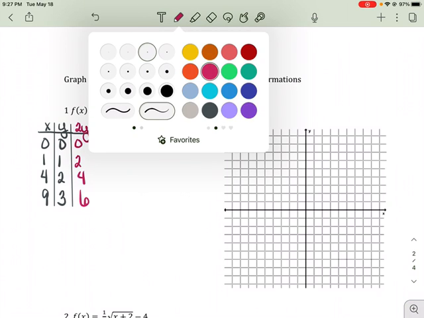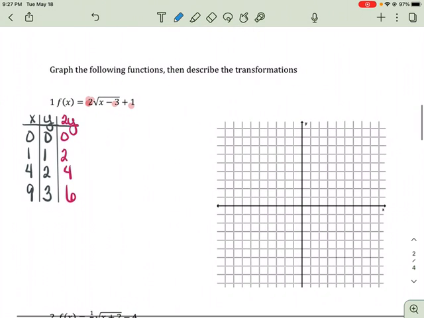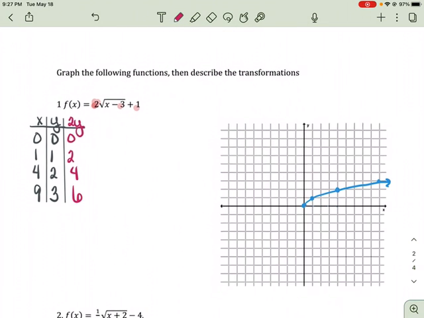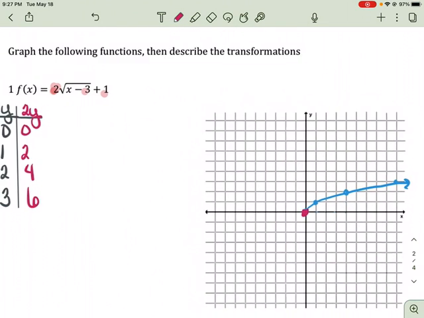Okay, so I'm going to graph the original. I guess we'll use this blue for the original. So (0, 0), (1, 1), (4, 2), (9, 3). Okay, so this is the original, just so you can see the difference.